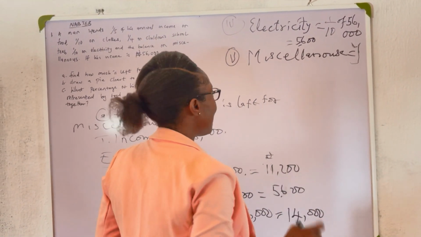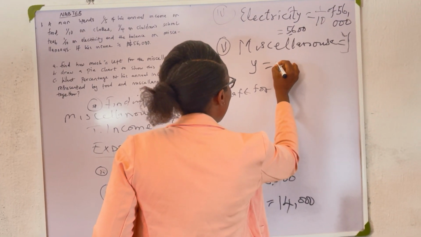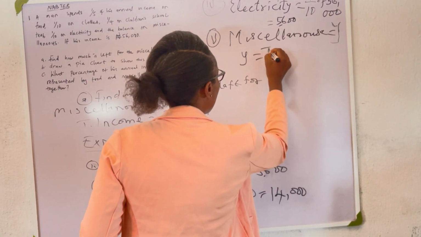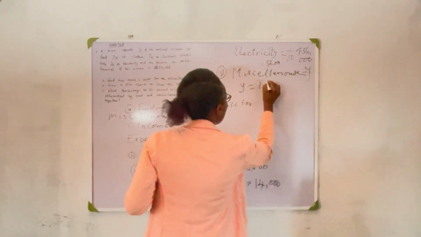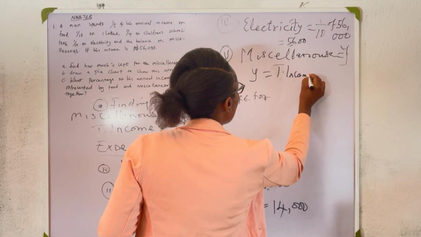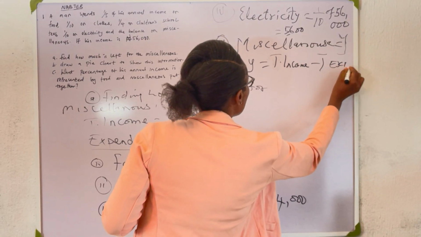So we are looking for Y. But note that Y is going to be all expenditure subtracted from total income.